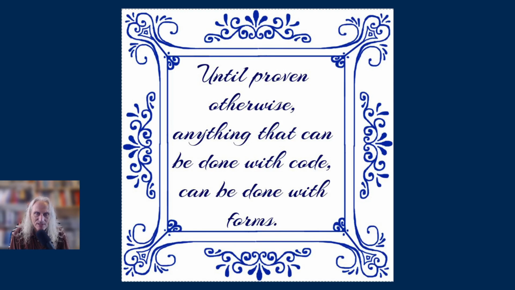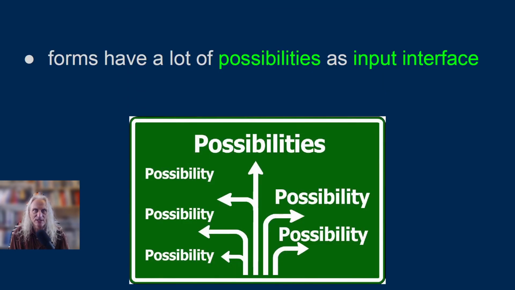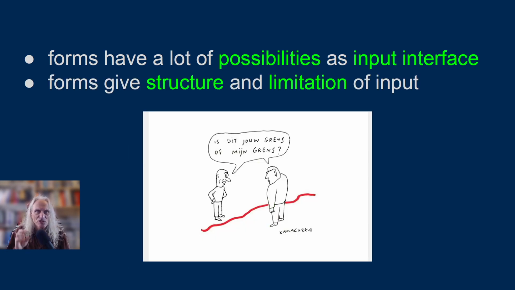So to summarize, there are a lot of possibilities not only for end user software, but also for model input. Forms form a language with a structure and types and constraints.